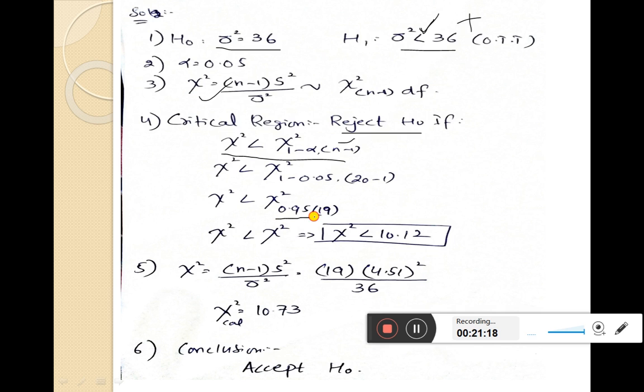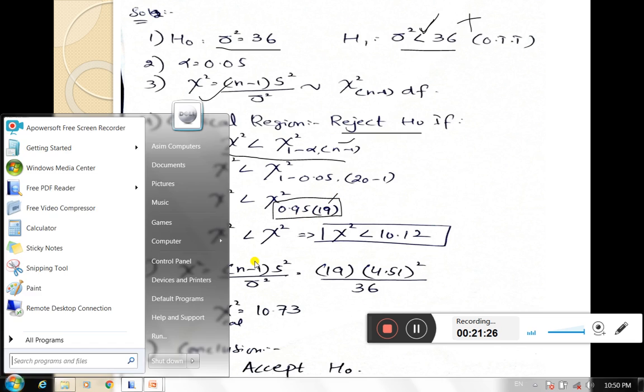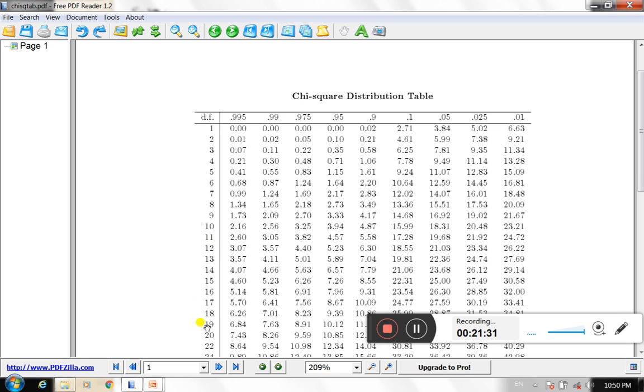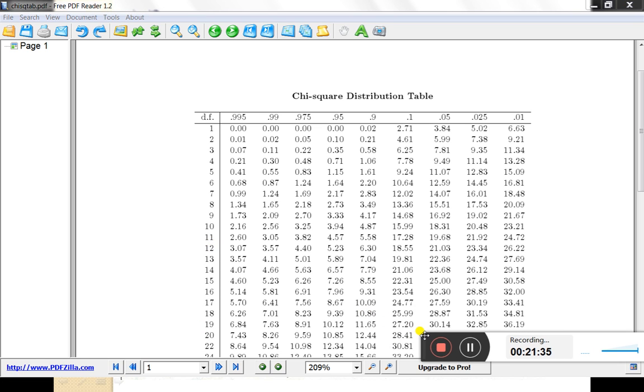Again I have to search out this value in the table, under 19 degrees of freedom with 0.95 probability. Let me check here, because 0.95 and 19. Here is the 19, and here is 0.95.